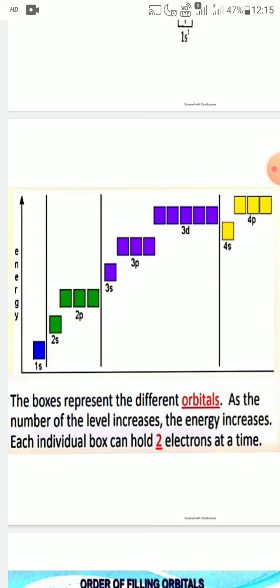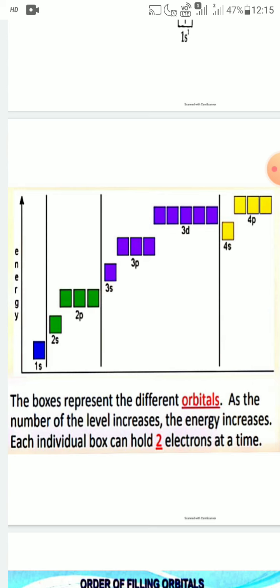So this is the energy order of the different subshells. It is a very simple diagram. If you understand this diagram, you will be able to state the increasing order of energy of different subshells.